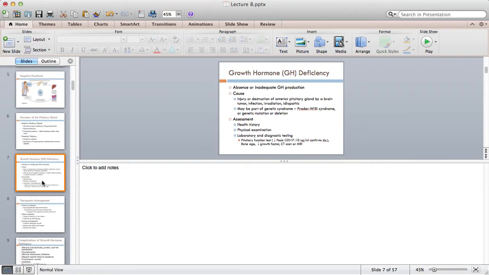And this can result from any injury or destruction of the anterior pituitary gland. It could be from a brain tumor, it could be from an accident, it could be from injury, it could be from anything.